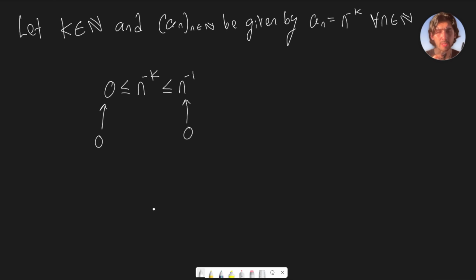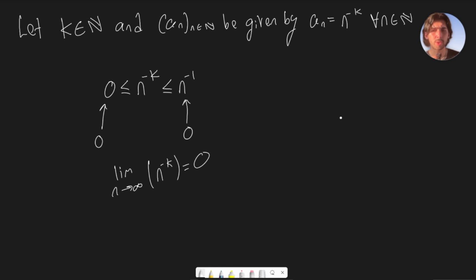Now that means, because of these two things, first of all, n to the minus k being sandwiched between them. Second of all, the fact that those outside ones, the bread, if you will, in the sandwich rule, both converge to the same number, 0, it means that the middle one, the one that we're interested in, must converge to 0 too. So by the sandwich rule or theorem, I have the limit as n goes to infinity of n to the minus k is equal to 0.